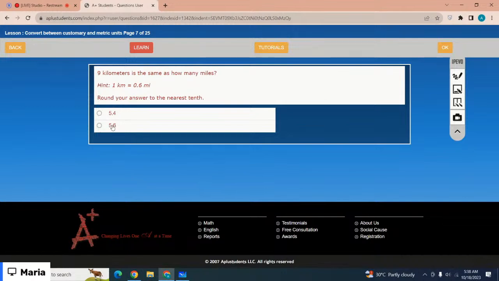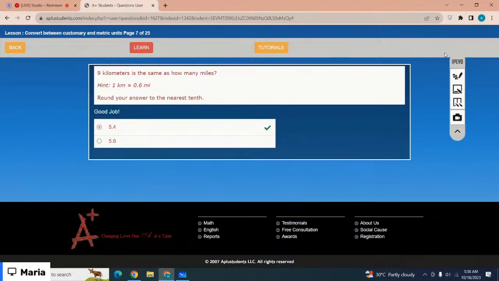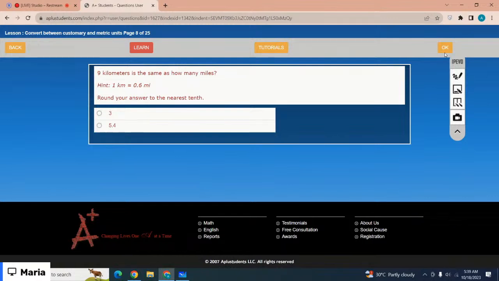The correct option is, no, 5.4, not 5.6, right? 9 kilometers is the same as how many miles? The correct option is 5.4.